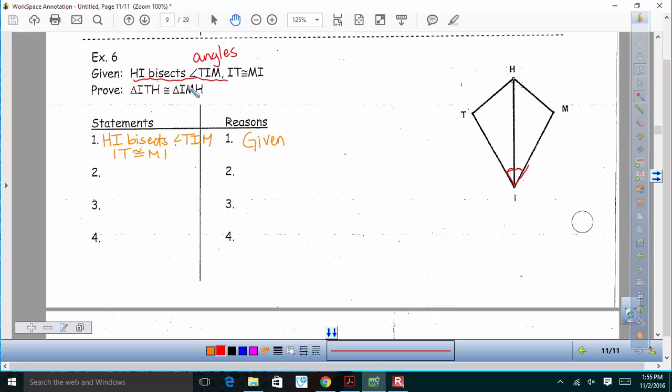Yes, because it doesn't list what two angles are congruent. So I have to write angle TIH is congruent to angle MIH. And what's the reason for that? Definition of bisect.